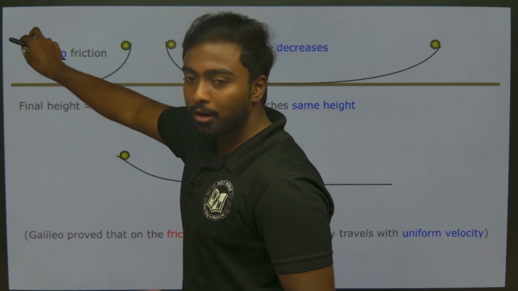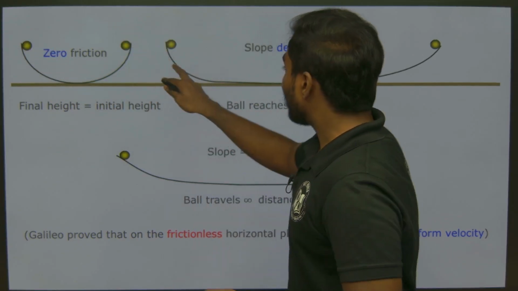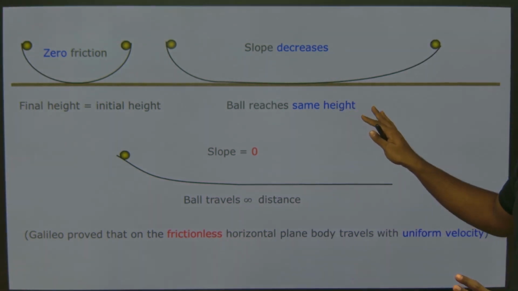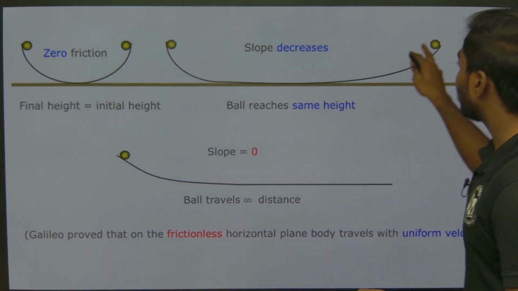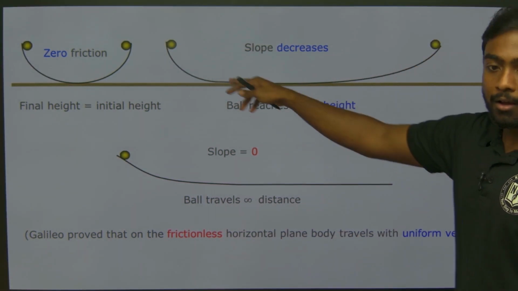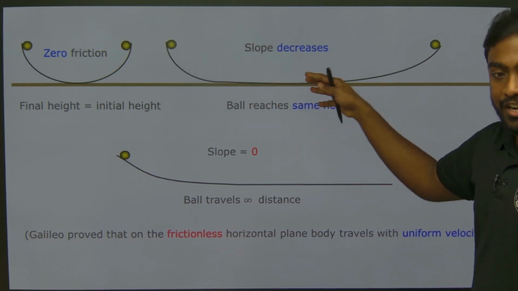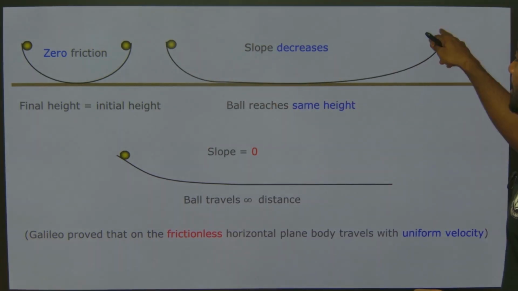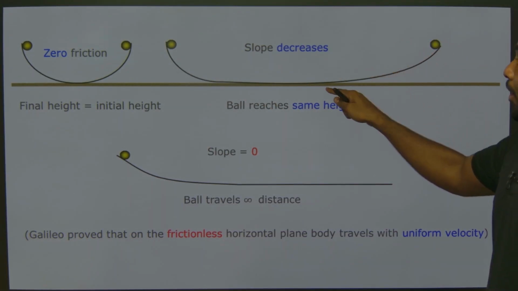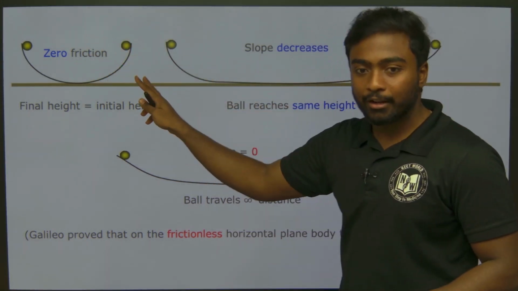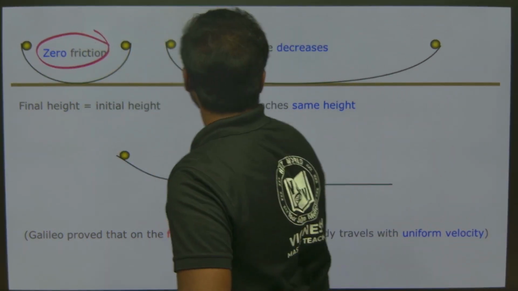If I keep a ball, it will go to the same height. I have taken the height here and the same height here, and the traveling path has changed, but again it will reach the same height, because there is no external force acting there. So here zero friction, here also zero friction.